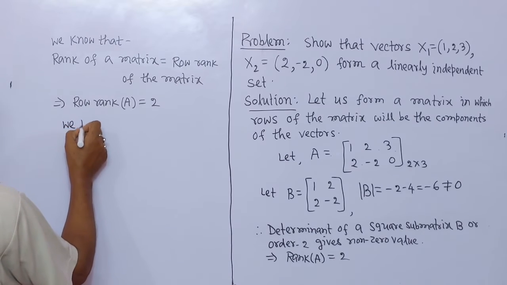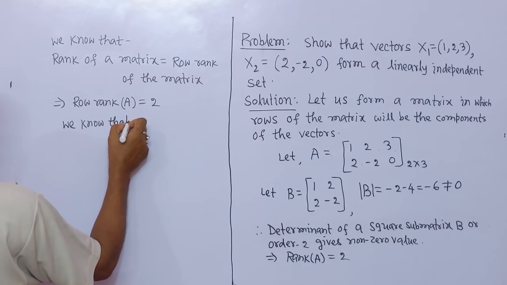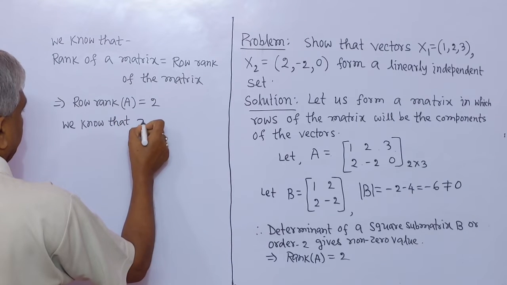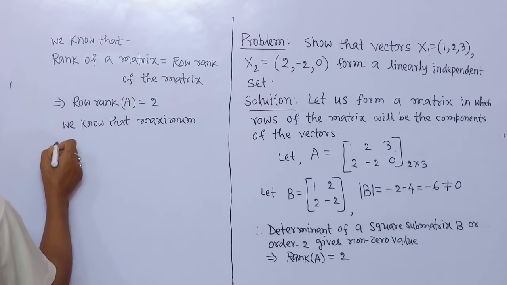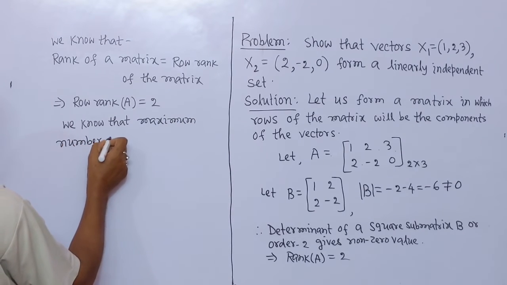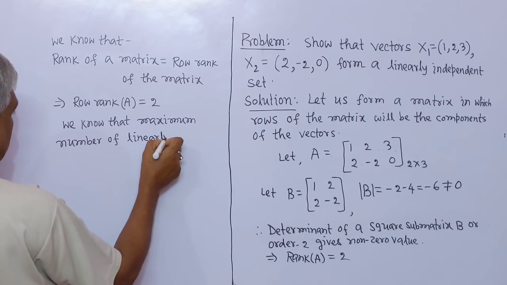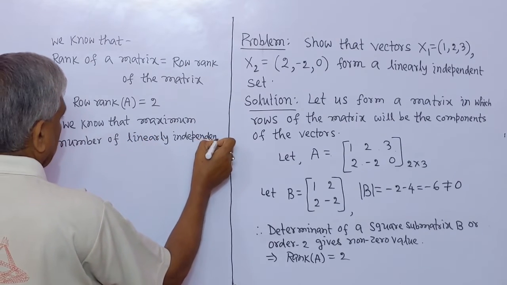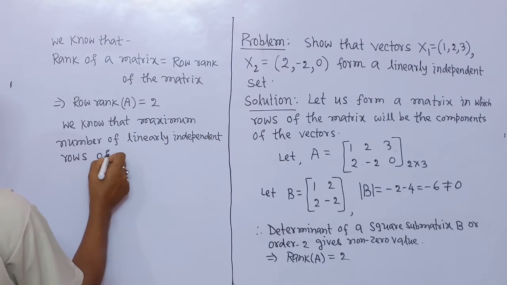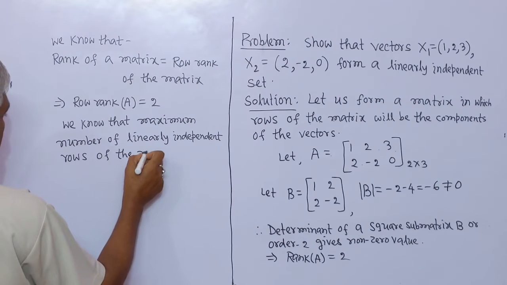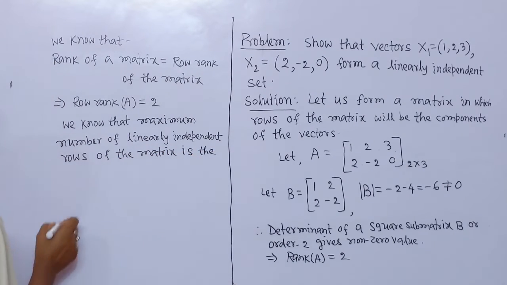We know that the maximum number of linearly independent rows of the matrix is the row rank of the matrix.